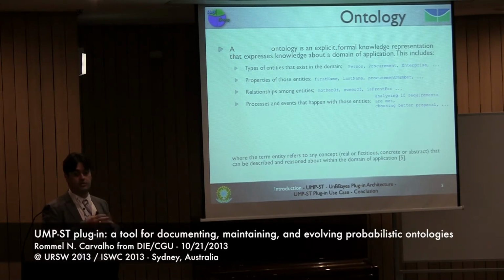We also have attributes for those classes, and properties for them. So we have the first name of a person, the last name, the procurement number, and so on. Those are the types of things we see in an ontology. We also have relationships between those classes. So a person is the mother of another person. An enterprise is participating in a specific procurement.